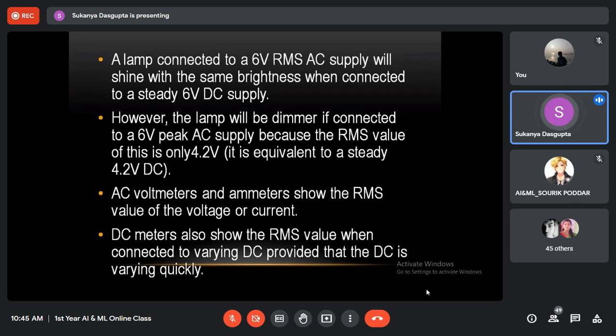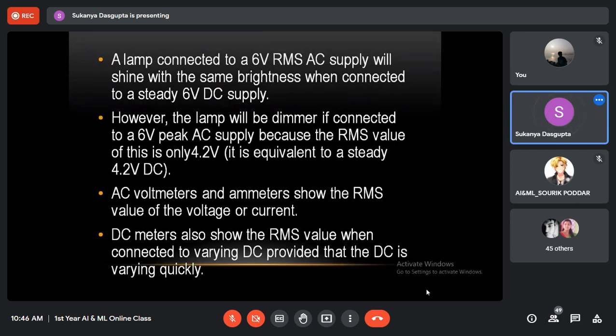As I said earlier, the RMS value is that quantity which will produce the same heating effect as produced by the same DC quantity for the same period of time. That means a 6 volt RMS AC connected with a lamp will give a brightness exactly the same as the lamp connected to a 6 volt DC.